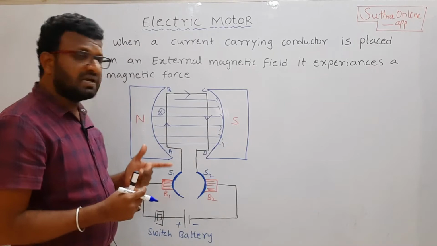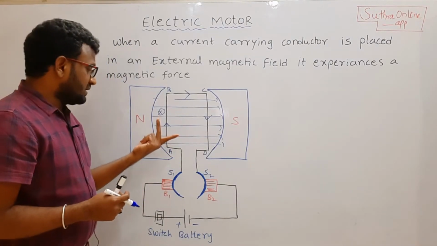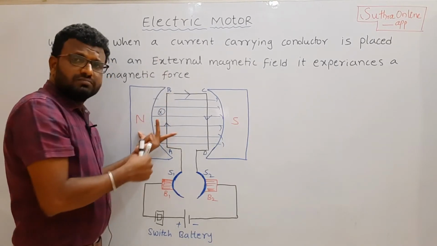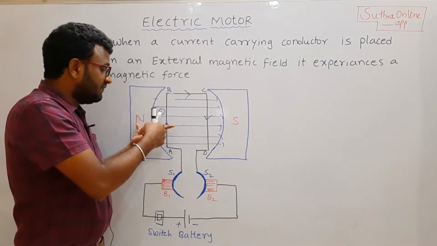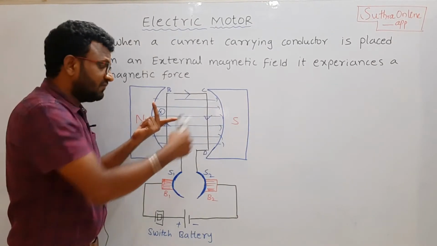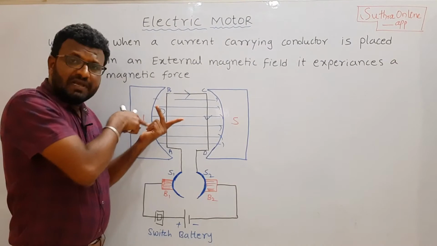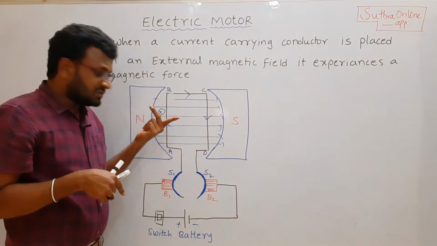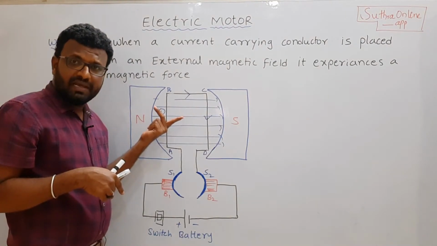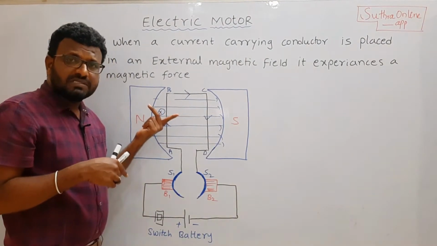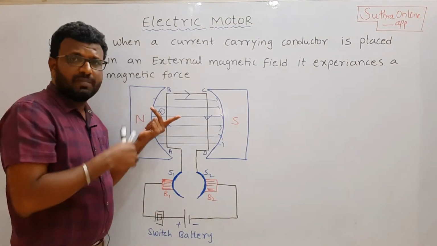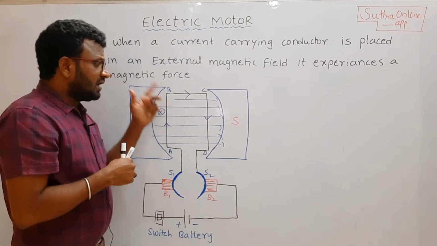Now if I apply Fleming's left hand rule on segment AB, the middle finger indicates current direction and the index finger indicates magnetic field direction. So the thumb indicates magnetic force. Here the force acts on segment AB into the board, which means the force pushes segment AB in the downward direction.